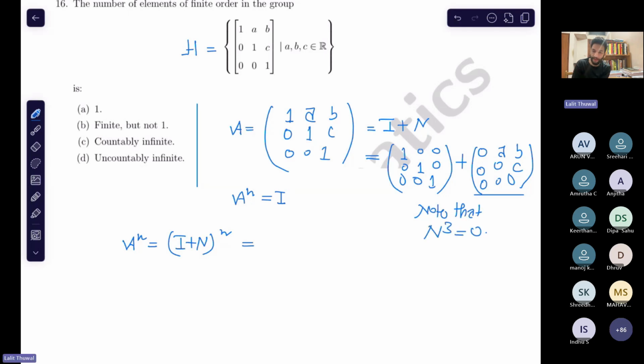If you have a nilpotent matrix, how can you see this? You don't need to verify it. All its eigenvalues are 0, so its characteristic polynomial is x cube equals 0. By the Cayley-Hamilton theorem, it will satisfy the characteristic polynomial. So no need to do calculation, just apply results.